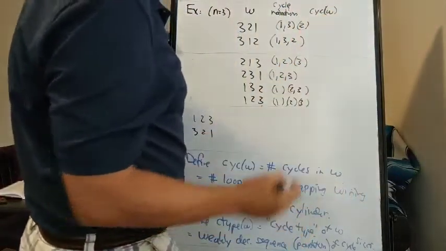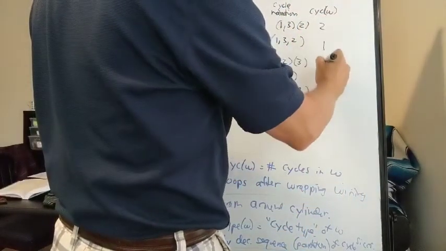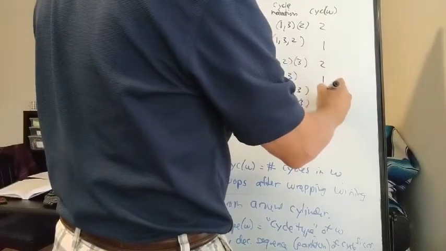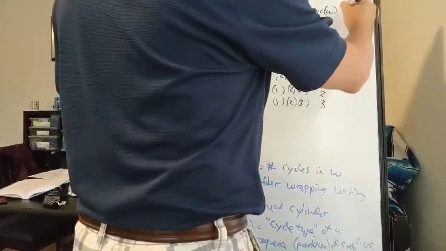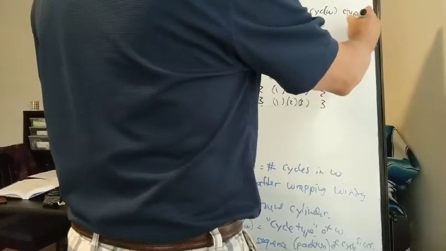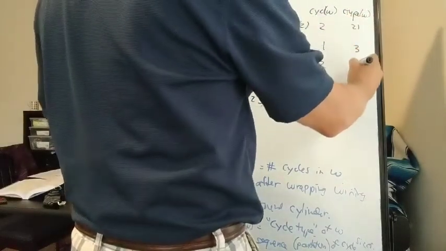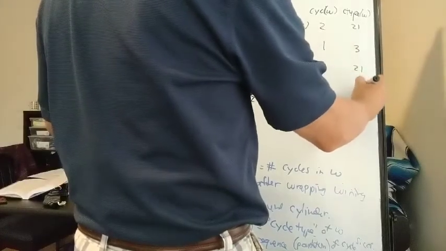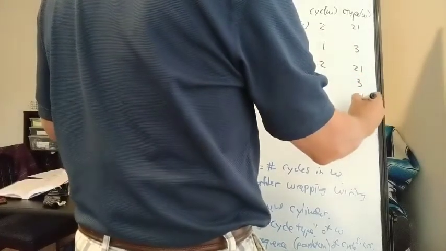So the number of cycles in w is 2, 1, 2, 1, 2, 3, and the cycle type is 21, 3, 21, 3, 21, and 111.